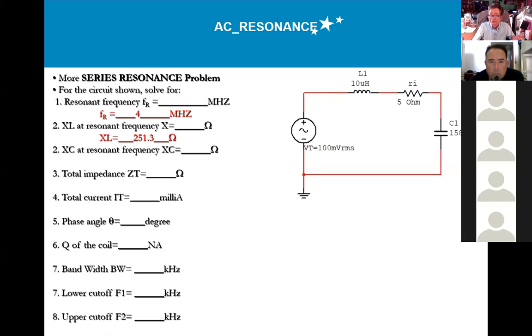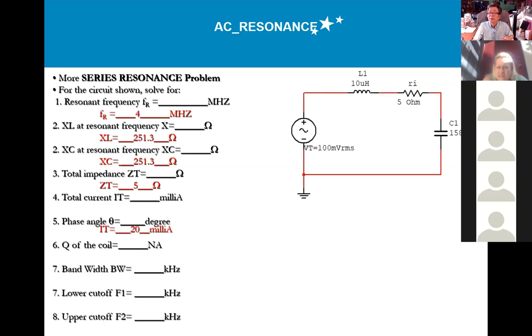Yes. So that's why they cancel out. Total impedance, 5. Very good. Total current, 20. Phase will be 0. They have no phase.